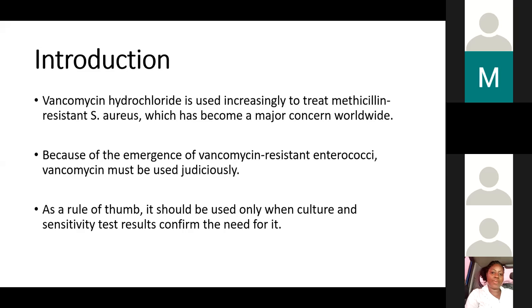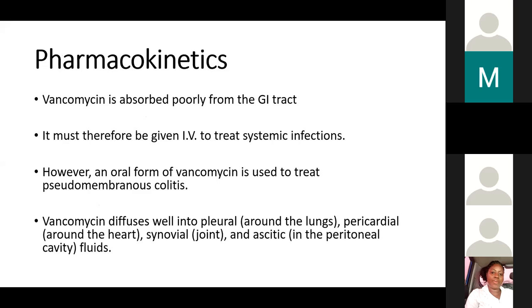So you shouldn't use vancomycin in empiric therapy. It's absorbed poorly from the GI tract, so it's mostly given by IV, but you can also give vancomycin orally to treat pseudomembranous colitis. And it is well distributed in the pleural, pericardial, synovial, and ascitic fluids.